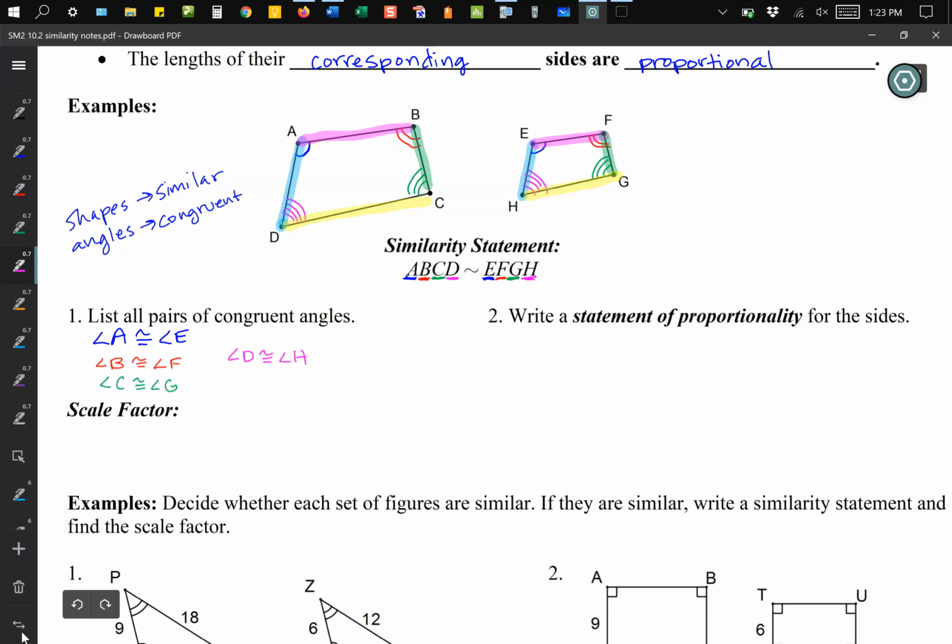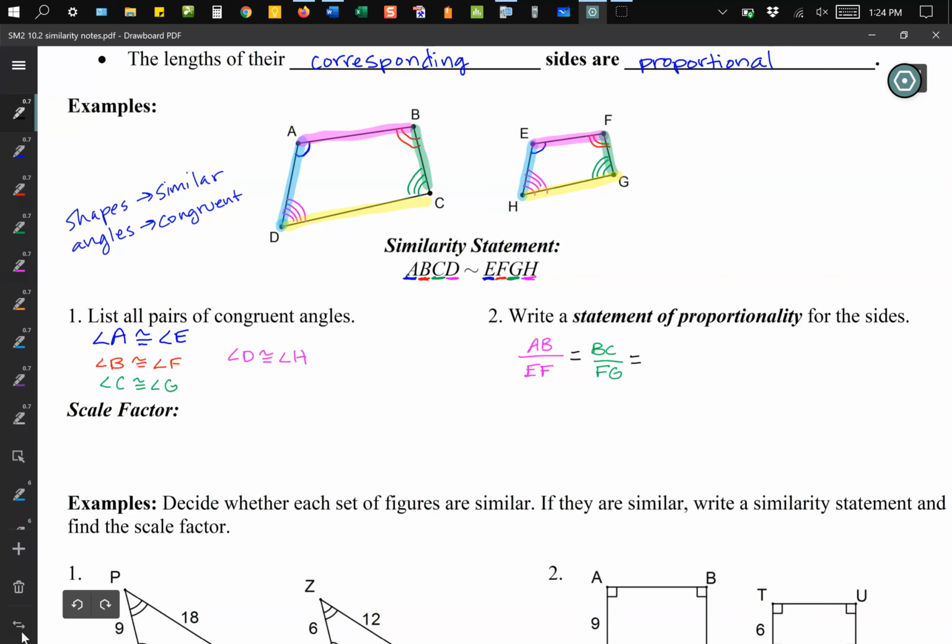So let's start with pink over pink. So side AB divided by side EF should give me the same thing as side BC divided by side FG. And that should give me the same thing.